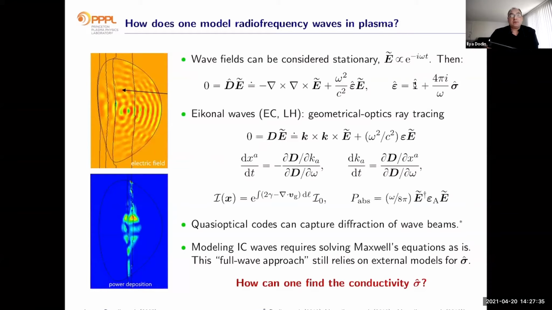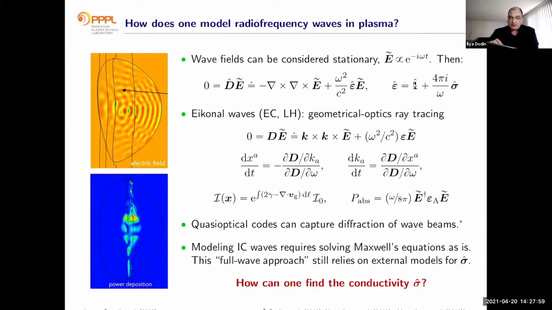The Maxwell's equations are usually written as equations for the electric field, and the electric field is typically considered monochromatic in time, because plasma evolves on time scales that are irrelevant for these RF problems. And so the problem is to solve this equation.